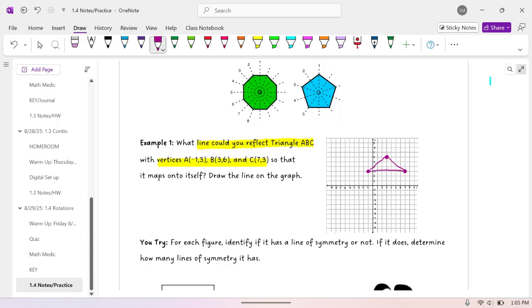So what this means is that if we picked a line of symmetry so that it will flip onto itself, it just means that regardless of where we move it, it'll still remain in this exact same spot. So this is ABC.